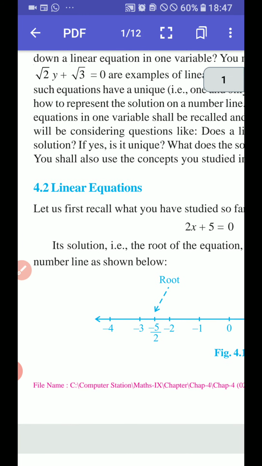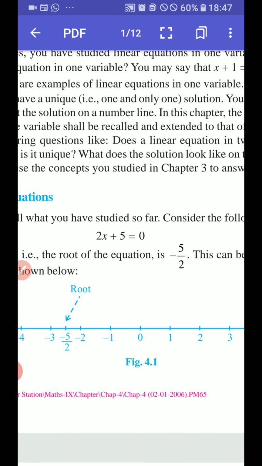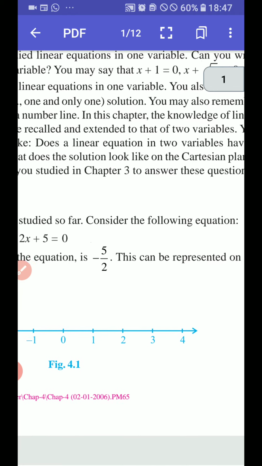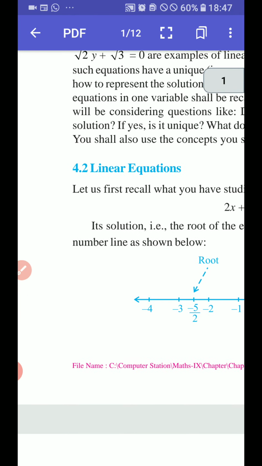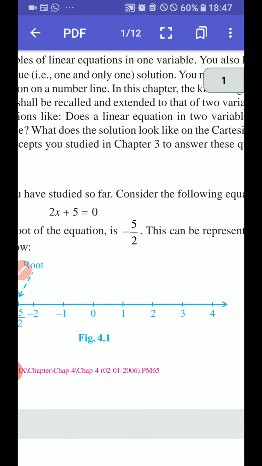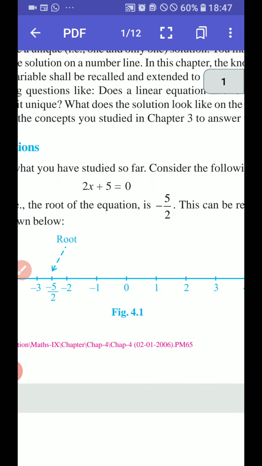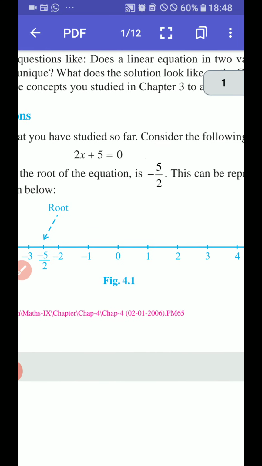If yes, is it unique? What does the solution look like on the Cartesian plane? You shall also use the concepts you studied in chapter 3 to answer these questions. Let us first recall what you have studied so far.